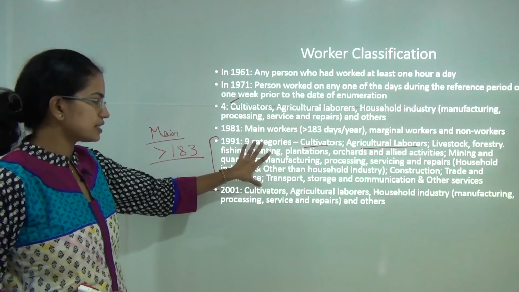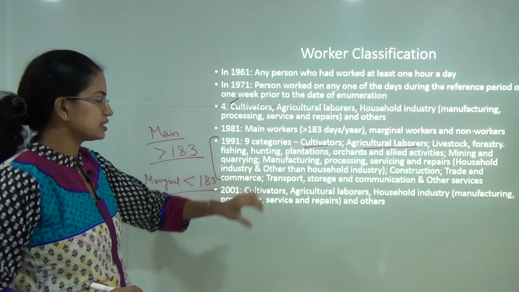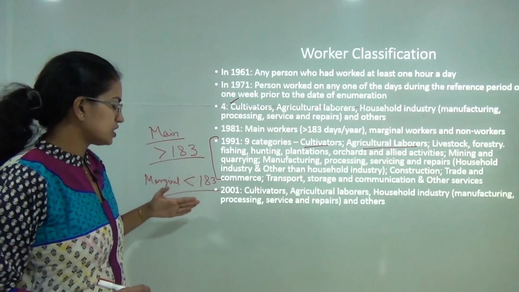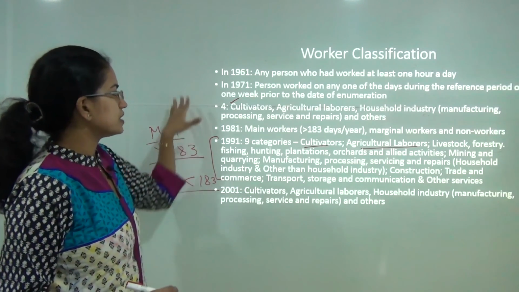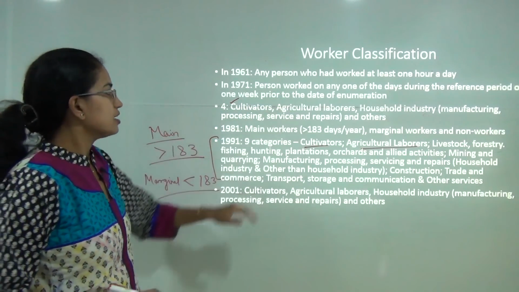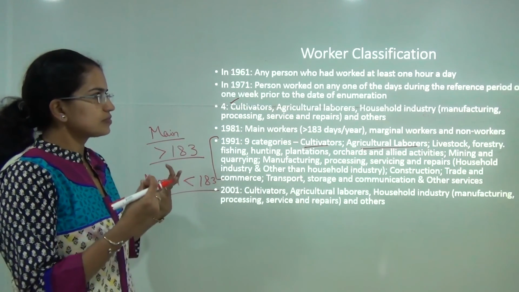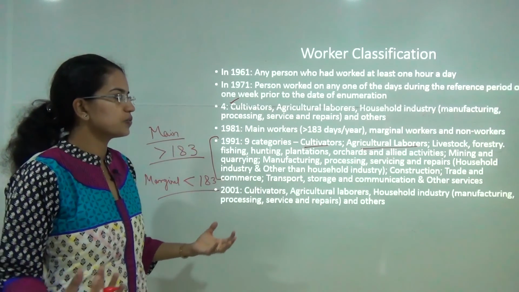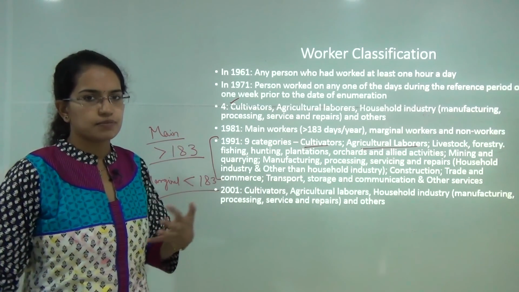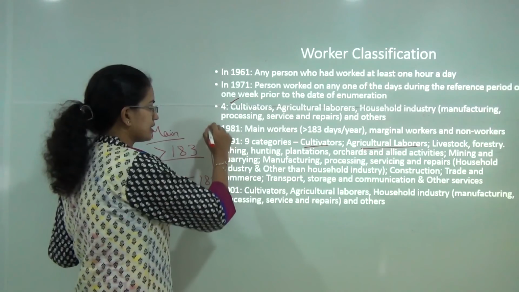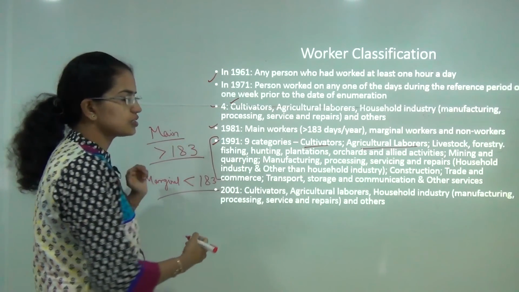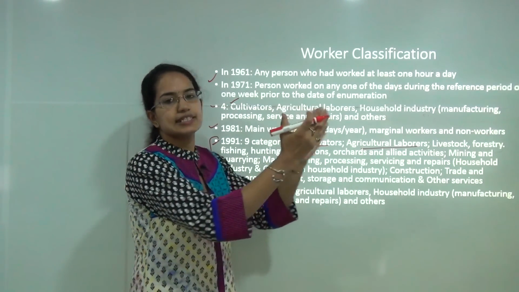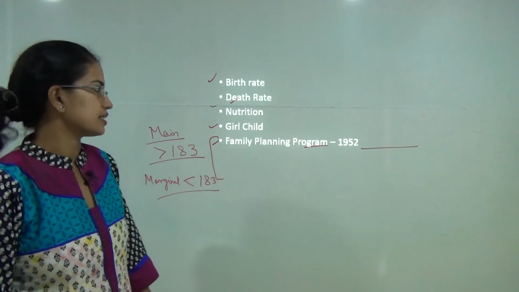So you have these 9 categories that came into existence in 1991. However, in 2001 the previous 4 categories were revived. So if you try to classify workers based on the kind of activities they are doing, it is really hard over the temporal period, because the enumeration parameters have changed over the years, so you cannot really understand the exact scenario of growth in which sector.